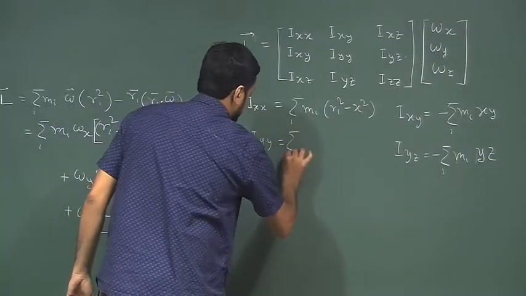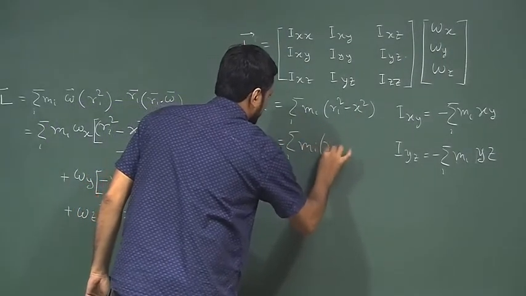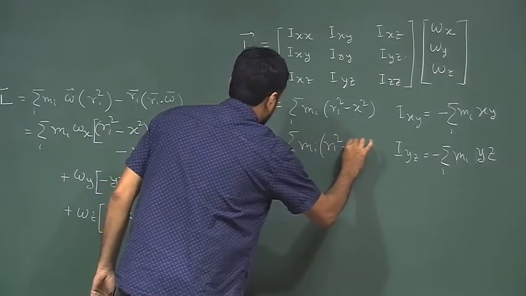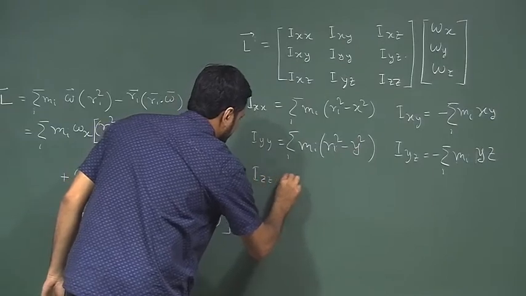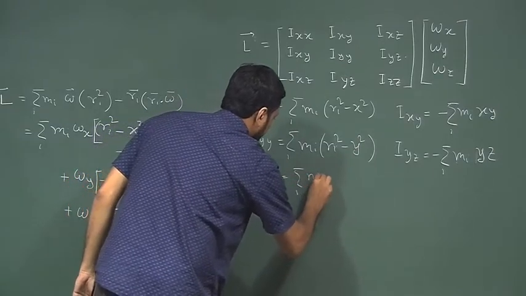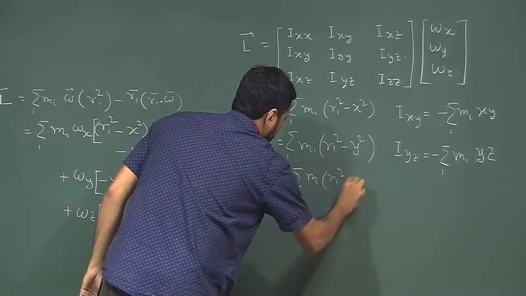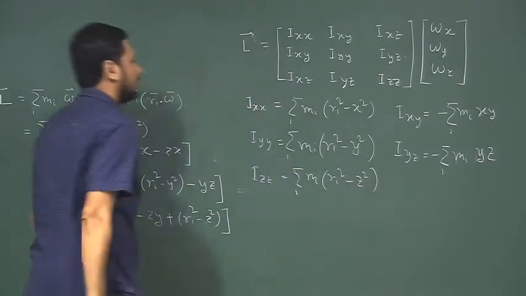For completeness, I zz will be similarly sum over i m_i, r_i square minus z square.